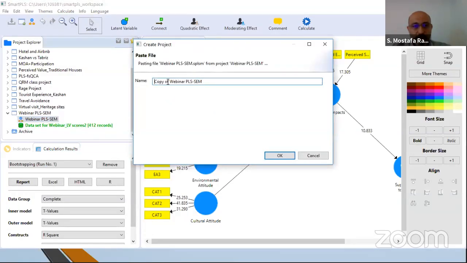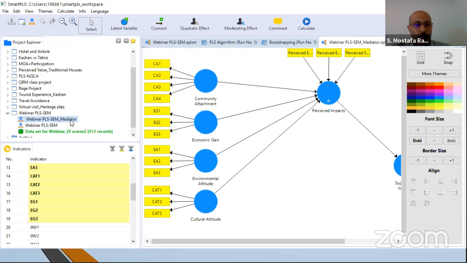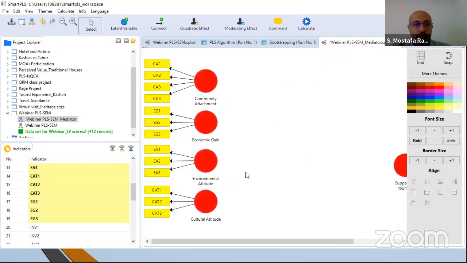So when we duplicate the path model, for example, here you can see the SmartPLS interface, right? So I created another path model.